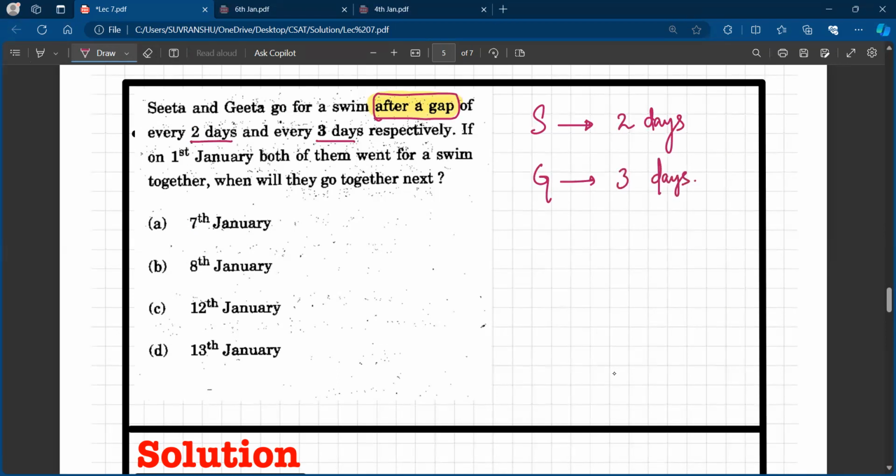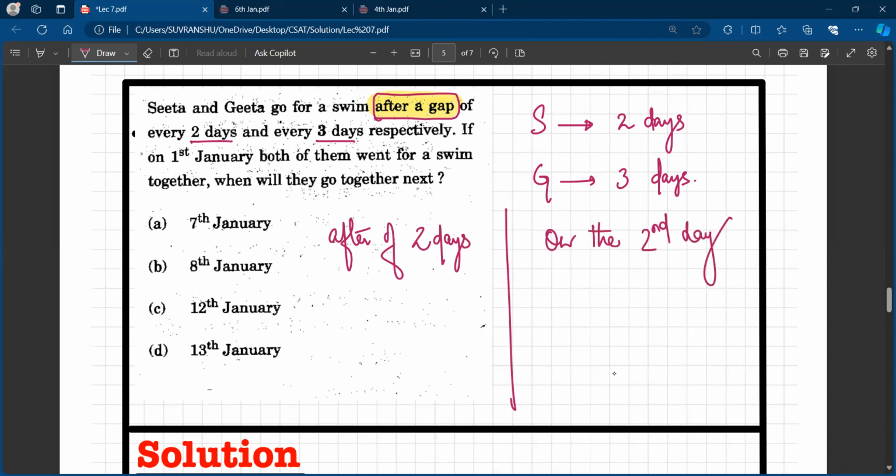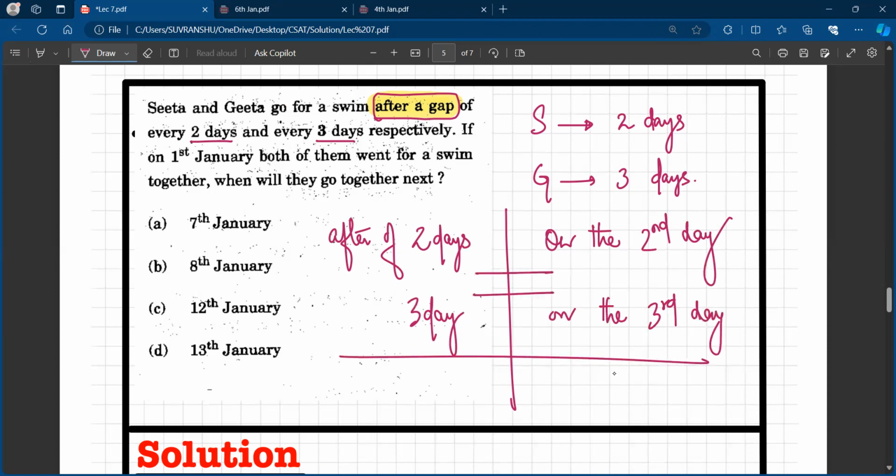Now, what is the mistake that usually students commit? After a gap of 2 days, और एक चीज है on the second day. After a gap of 3 days, on the third day. These are not equals.